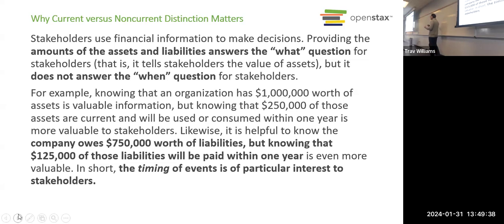Because then if the company runs into cash flow issues and they have to sell off a building, that's problematic, right? It's better if they have enough current assets available that they can pay for their short-term debts. Same thing with liabilities. It's helpful to know when you're investing in a company, how much of their debt they're planning to pay off within a year, and how much of it is long-term debt.